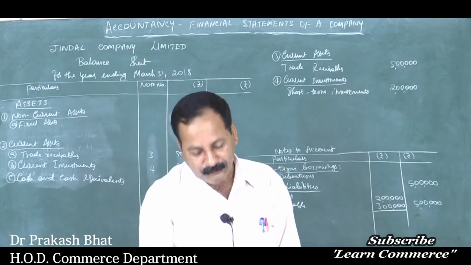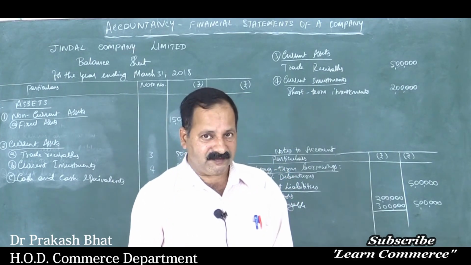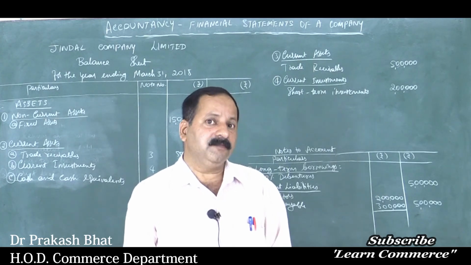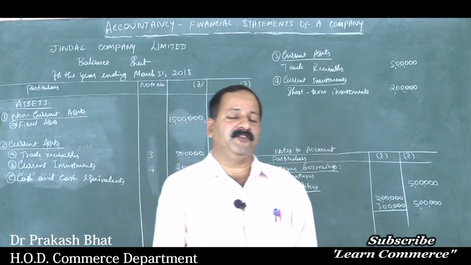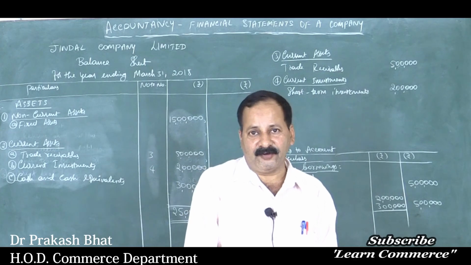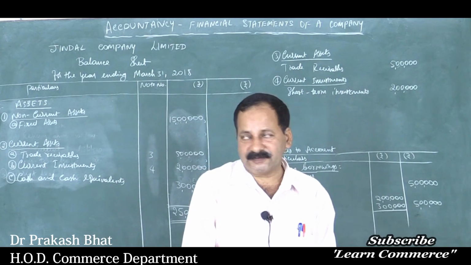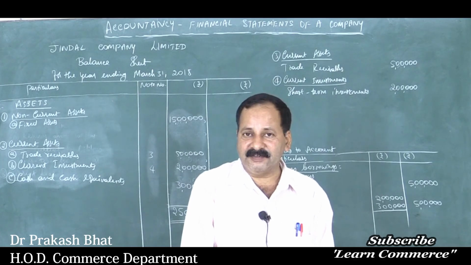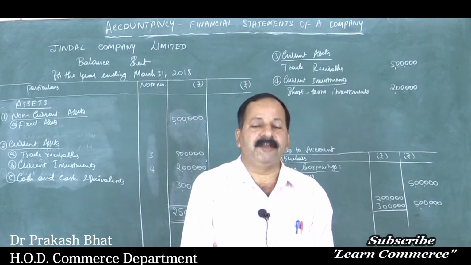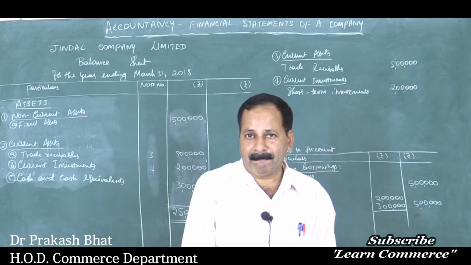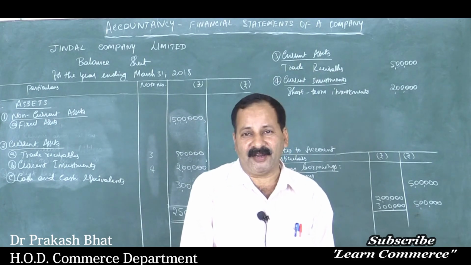I think I need 3 to 4 more classes to cover this chapter. Then we will take up analysis and interpretation of financial statements. There, comparative and common size balance sheets and comparative and common size statement of profit and loss will be there. Then one more chapter, ratio analysis, very simple.